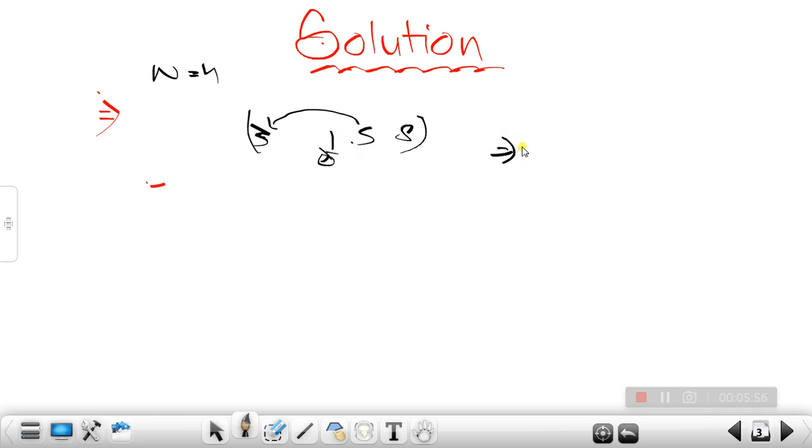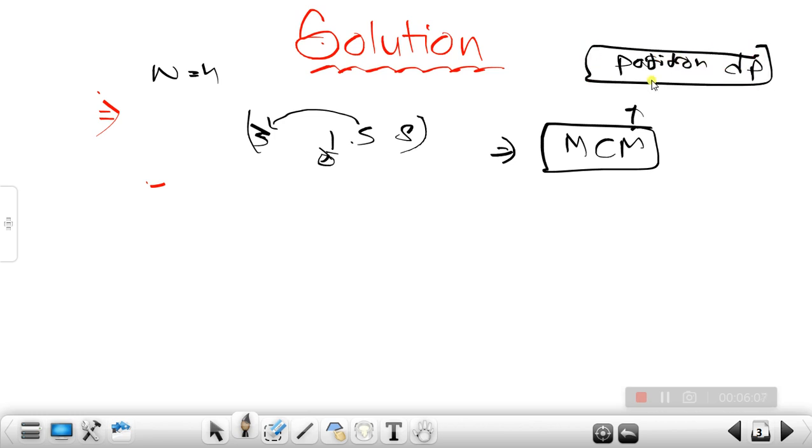Actually, this problem reminds me of the matrix chain multiplication problem, which is related to the partition DP concept. Okay, so now I'm going to divide you guys into two parts: those who don't know what matrix chain multiplication is, and those who know what it is.